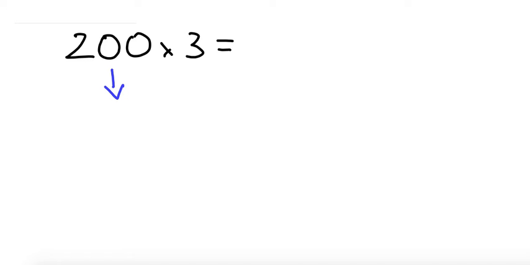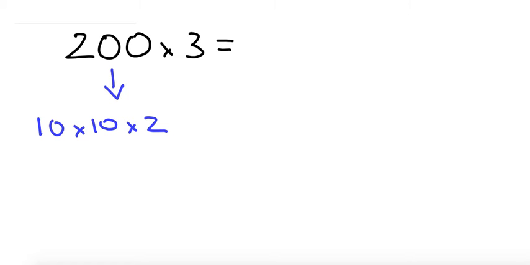So 200 is, well, isn't that just 2 times 10 times 10? Or another way we could write it is 10 times 10, which is 100, times 2. Okay?